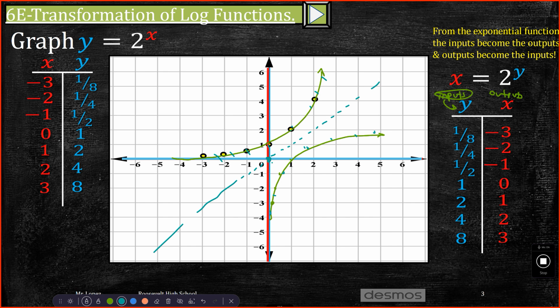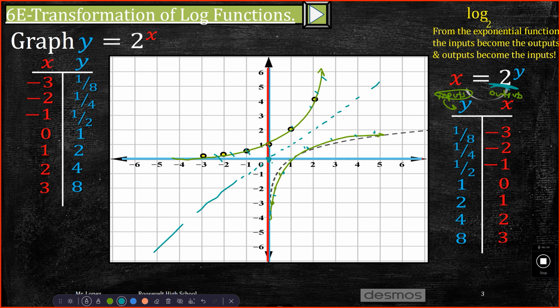So this is how the actual function is called a log function. And this is how it goes. Log. Look up at the top, I have it there. Log, the base is 2. Log base 2 of x.